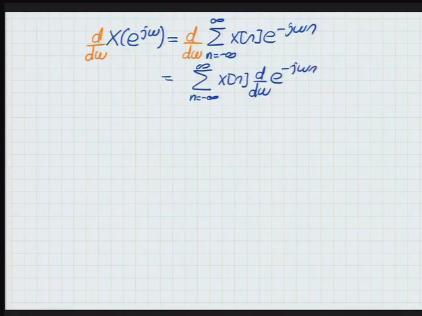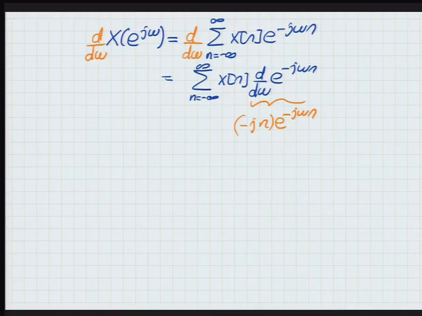And what is that equal to? That is equal to a factor times the original thing, right? What is the factor? Whatever is in the power that is not omega, right? And that would be negative jn, is that right? Okay.